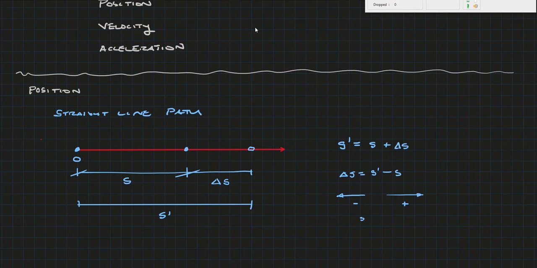So that's our sign convention, and it is arbitrary, but we need to describe it.